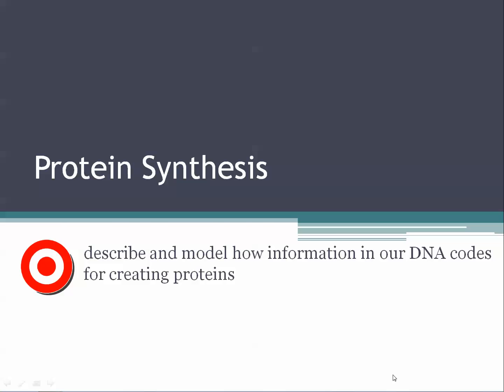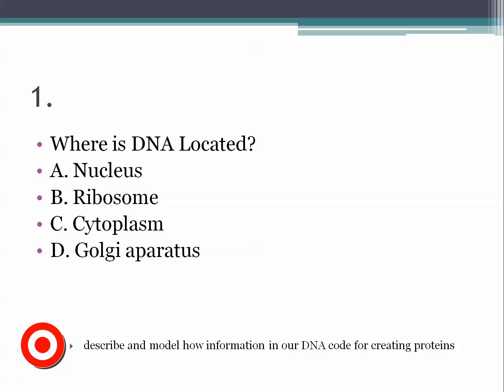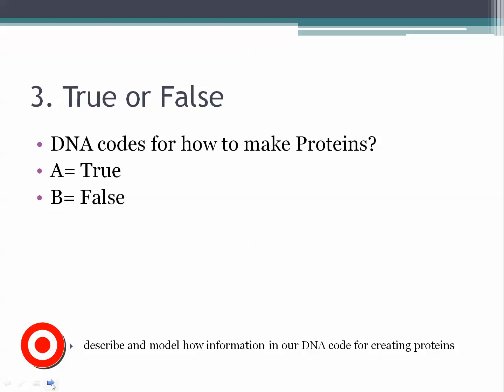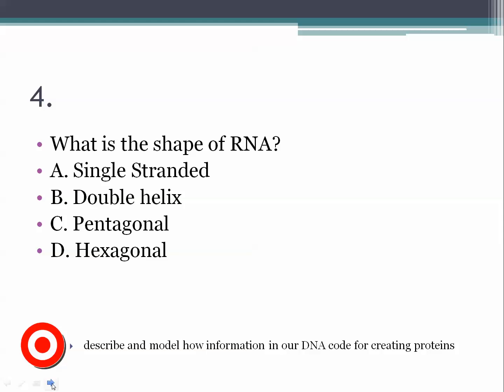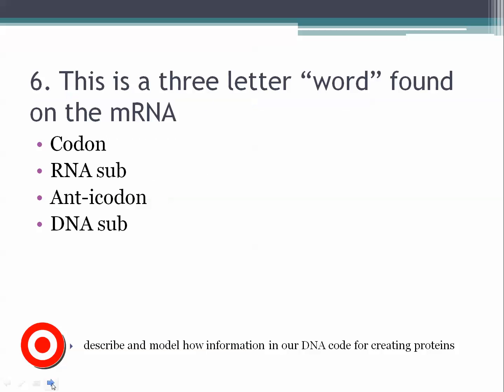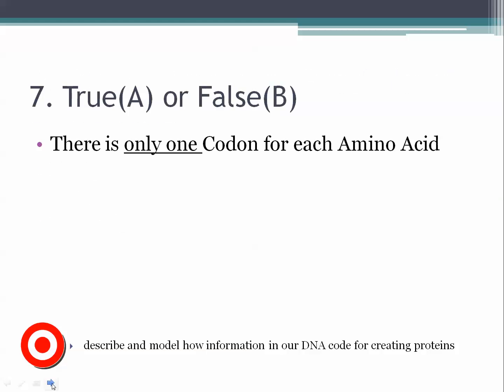Alright, so there's a few questions you'll want to know. Where is the DNA located? When translating, which of the following is not true? True or false, DNA codes for how to make proteins. What is the shape of RNA? Proteins are synthesized. This is a three-letter word found in the mRNA.